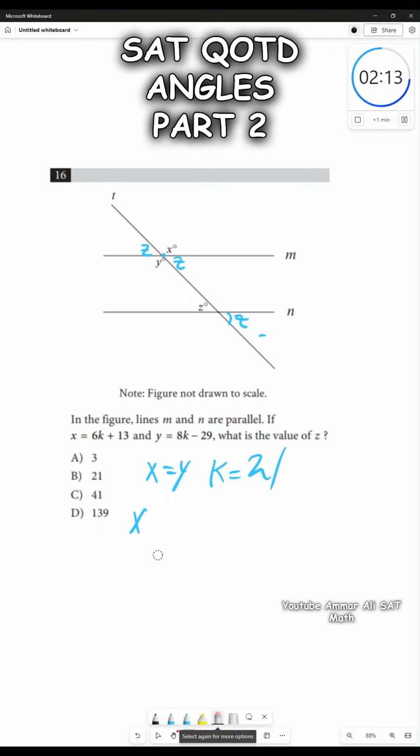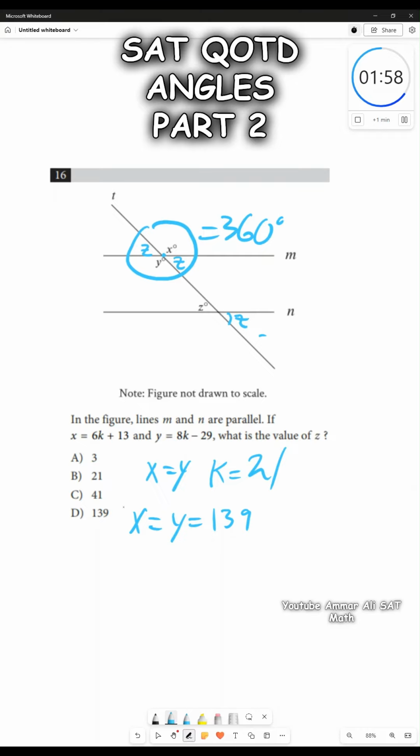So if x is equal to 139, that means that y is also going to be equal to 139. And then remember that all the angles around this vertex are going to equal 360 degrees, right? So we can use this to figure out what the value of z is.